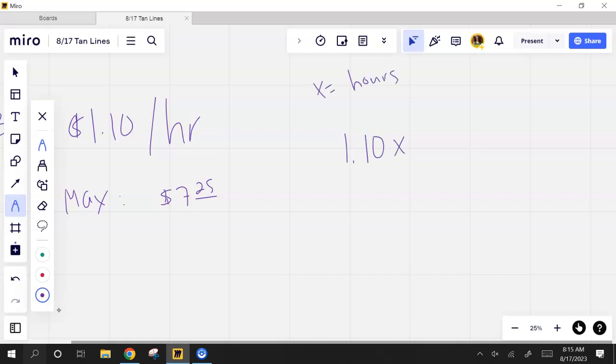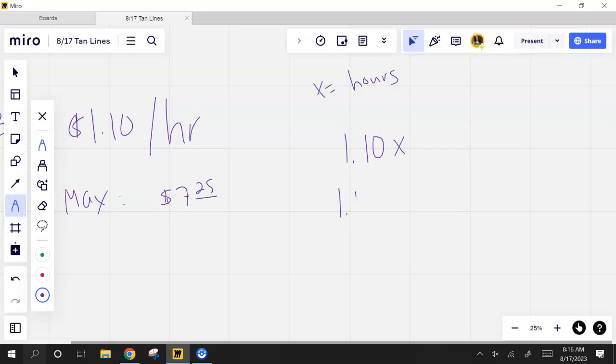It says $1.10 per hour or fraction of an hour. So if you stay for 30 minutes, how much are you getting charged? $1.10, you're still getting charged for the hour, right? Agreed? What if you stay an hour and 2 minutes? 2 hours, right? So what's a function that takes whatever number I have and rounds up to the next integer? The greatest integer function?